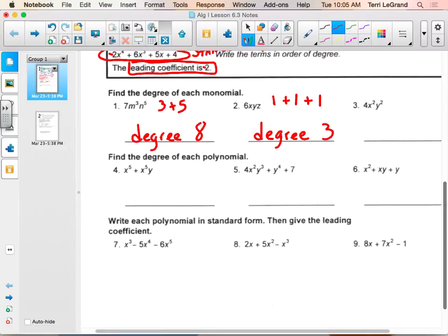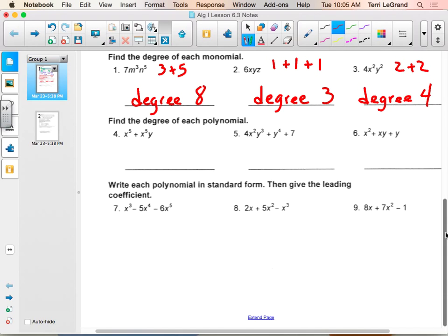Add the exponents on the variable part, so 2 plus 2, this is a degree 4. Okay. So we have a degree 4 monomial. All of those were monomials. They were all a product of a number and variables, and they don't have to have variables, but all of these did happen to have them.